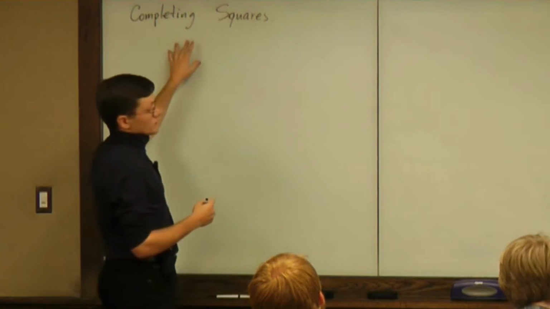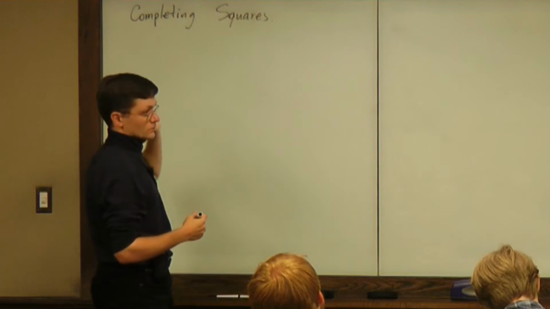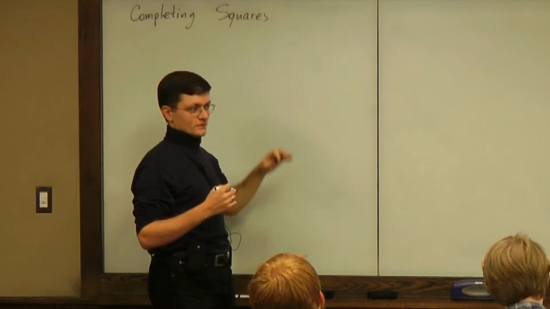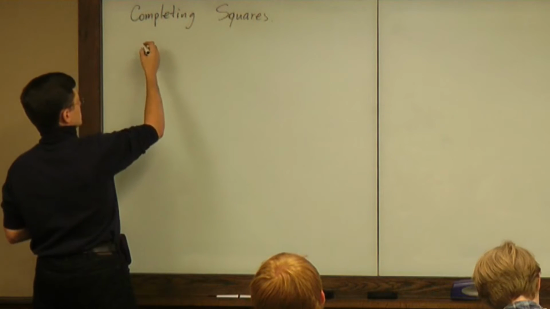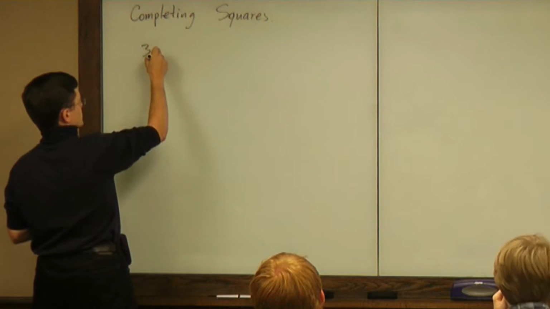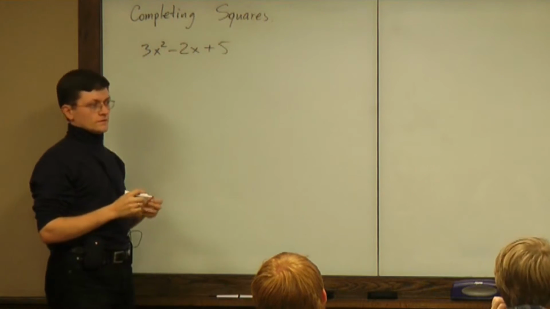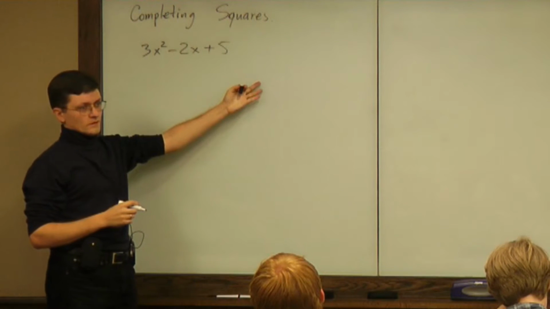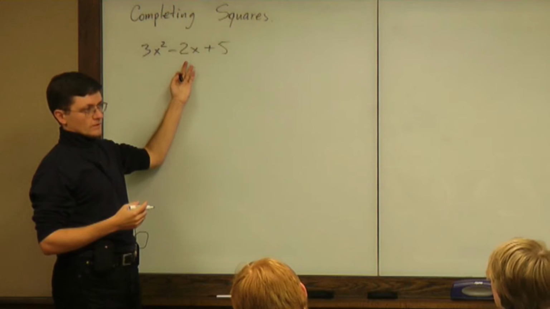So, I will focus now on this operation that you should have learned years ago, right? And it's basically about expressions like 3x squared minus 2x plus 5. And completing square here. What do I mean by completing square?